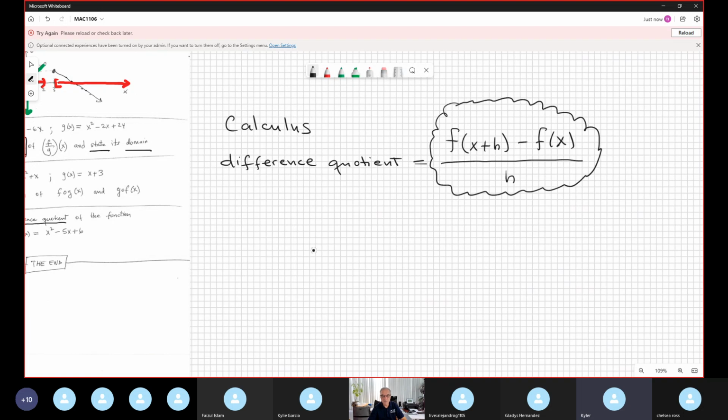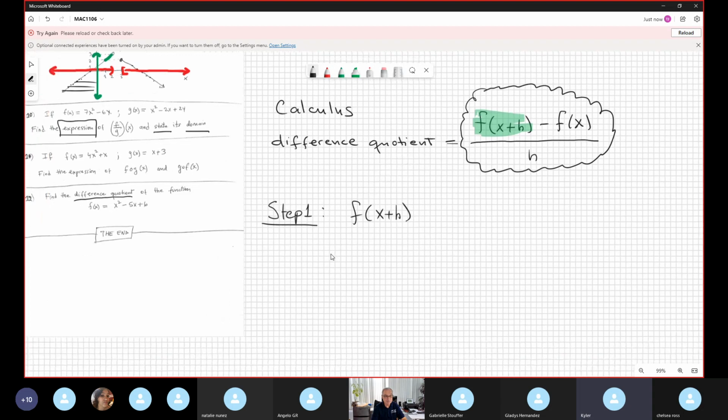And let's do it step by step. Step 1. Find the first part, this. I am doing that part in the formula. Oh, it's easy because you take the original function that is given. In this example it is x squared minus 5x plus 6, and you replace x for x plus h. Square minus 5 times x plus h plus 6.